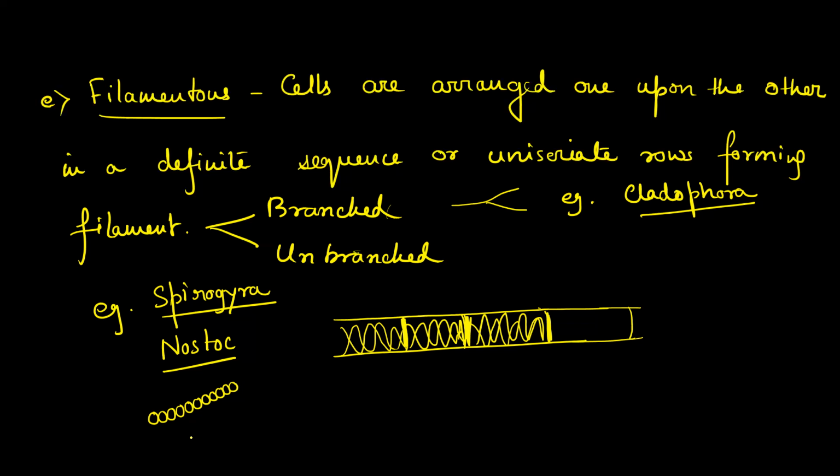See, in filamentous form, we had talked about branched, unbranched. Other two types are pseudobranches and heterotrichous form. Okay.